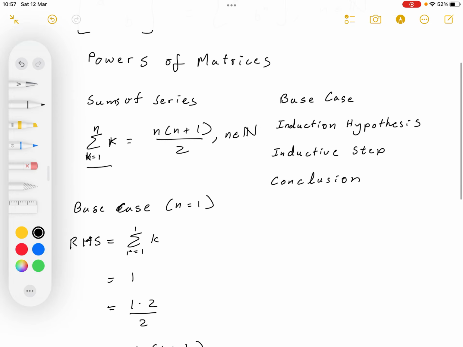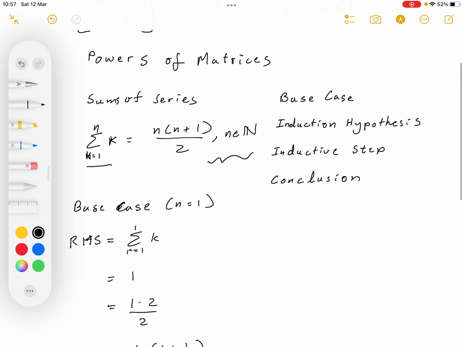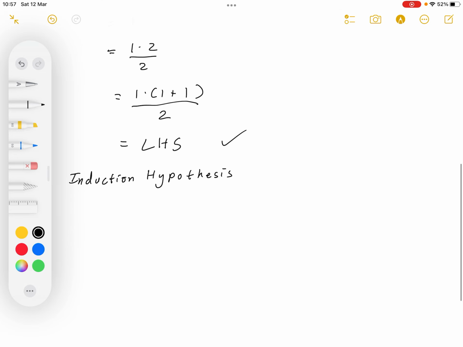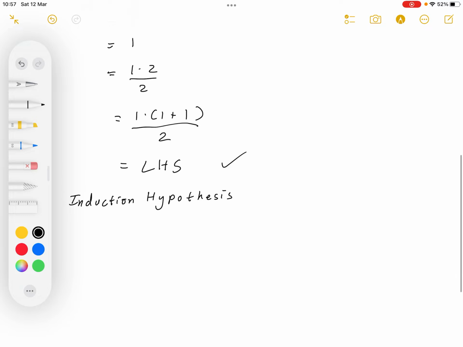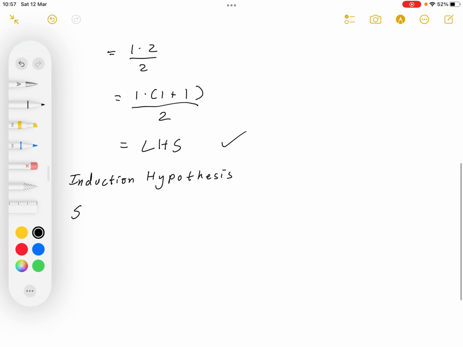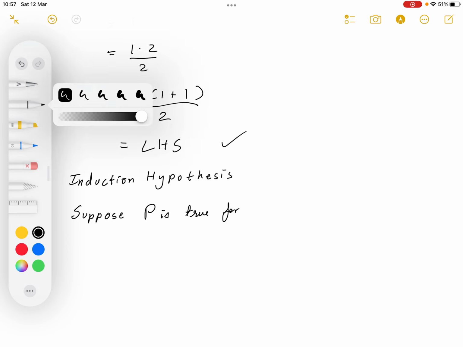So let's call this P, like we did last time, or maybe predicate. Suppose P is true for n equals a.